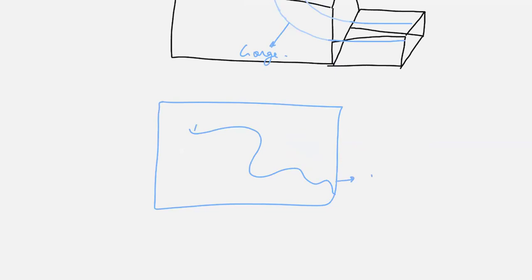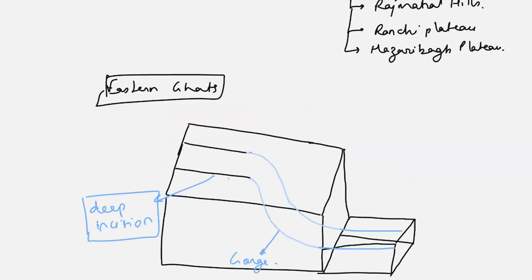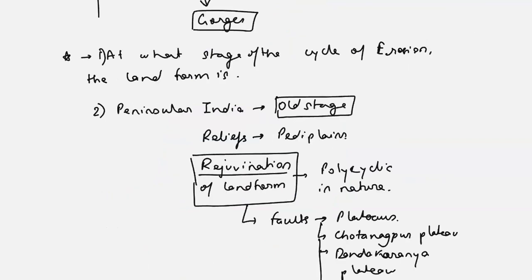So this is the area where the deep incision has been done in this particular region. Okay, so this is one of the important cases which we can explain in the formation of gorge. We can include these cases in theory, and we can explain what the condition of peninsular India is, what the condition of Eastern Ghats is. Okay, so this can be included here.